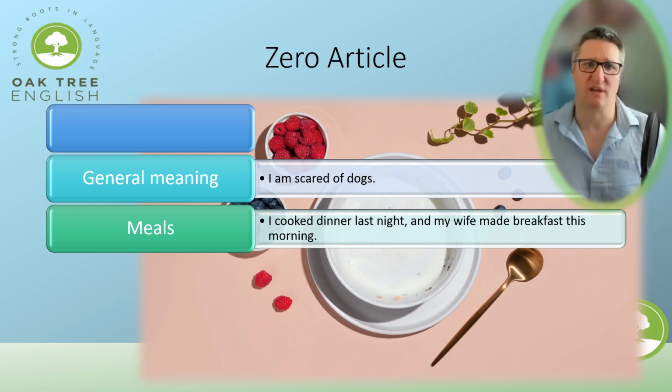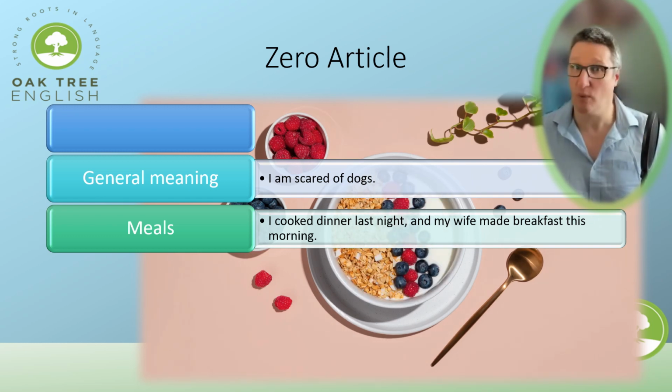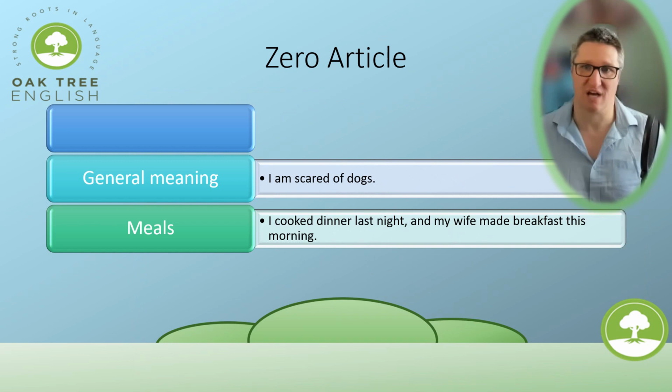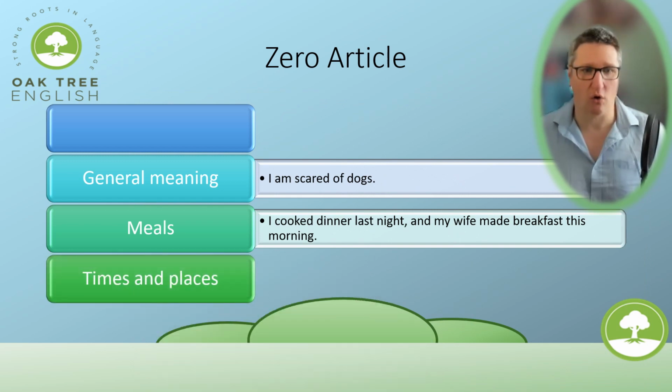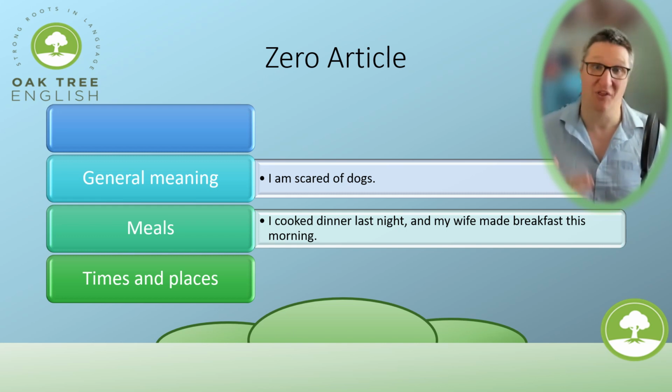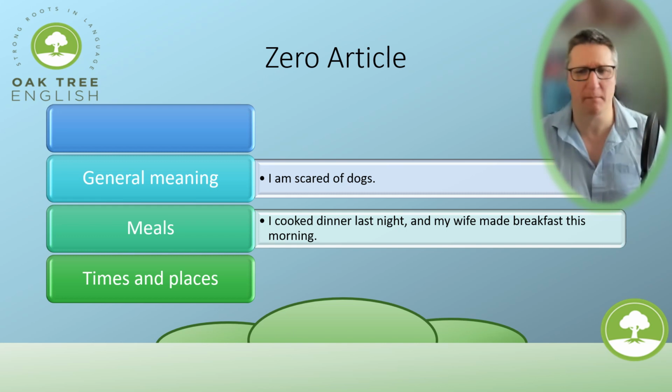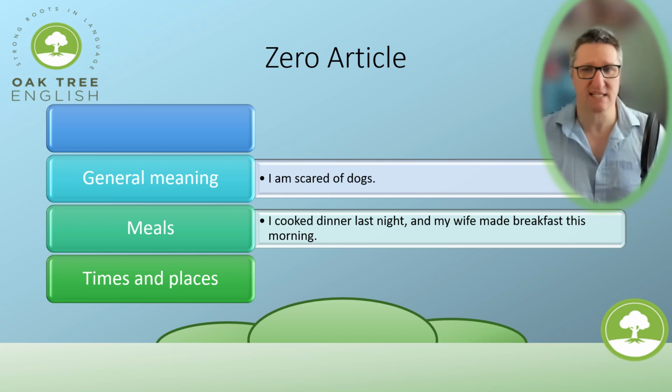As we just saw with last night and this morning, we do not require an article with times of day or days, months or years. And it's also true of continents. Most countries, not the UK or the United States, but most countries, cities, mountains, lakes and islands.